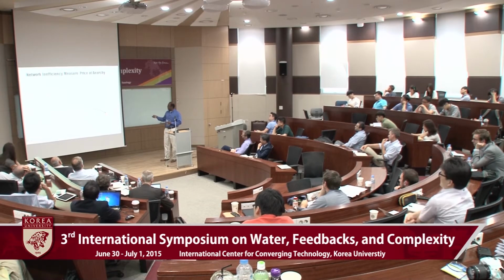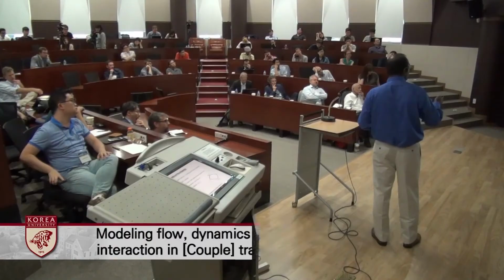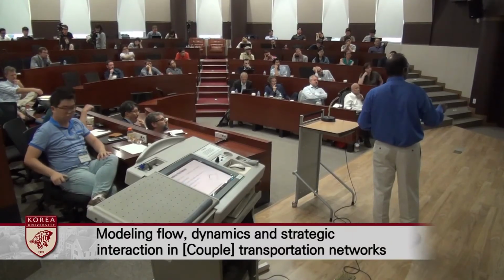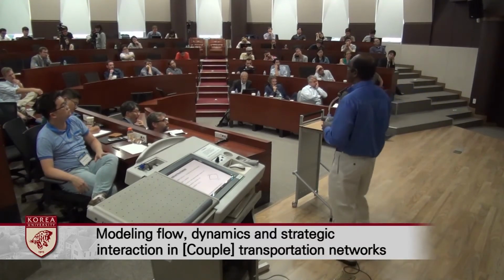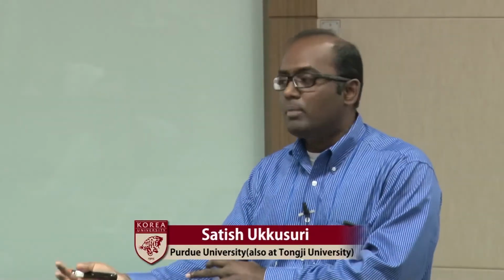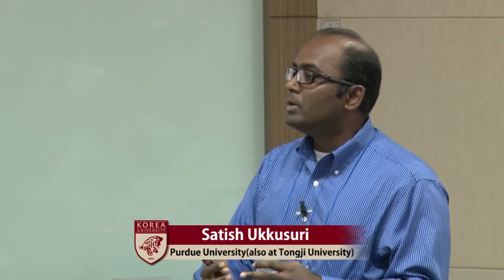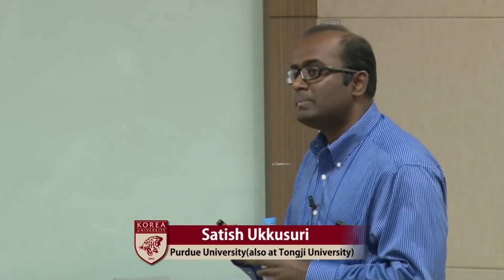And so this has some very important implications in terms of the study of networks with strategic agents, right, between this system optimum problem and the user equilibrium problem, both in the control of networks and in terms of the design of networks. So this has some serious implications, okay?